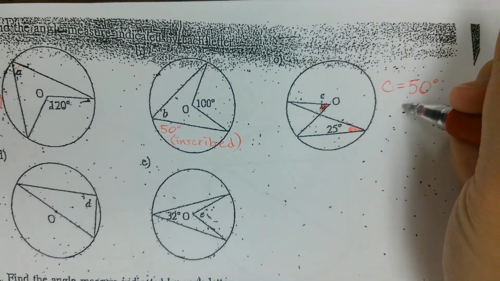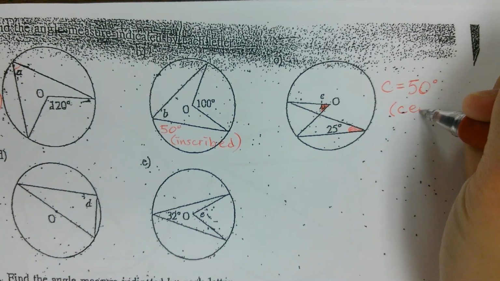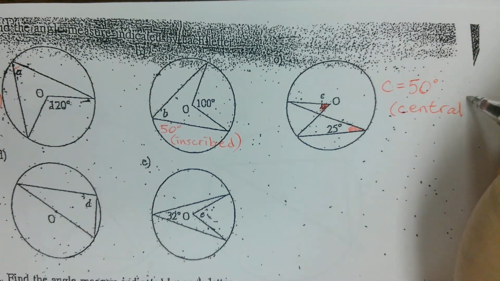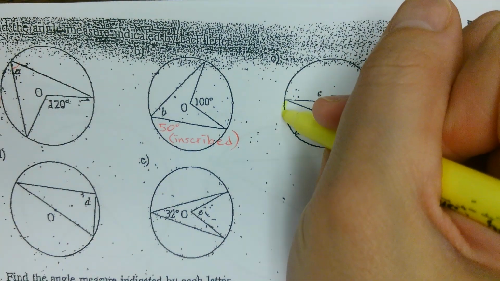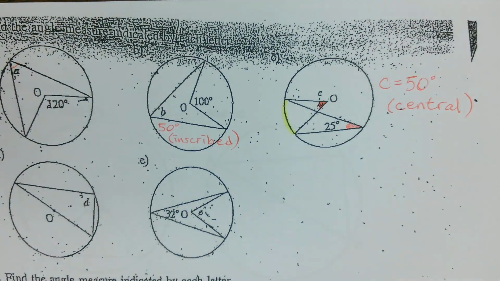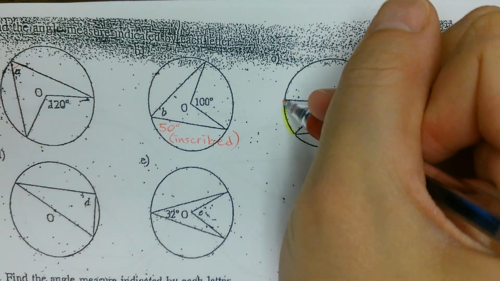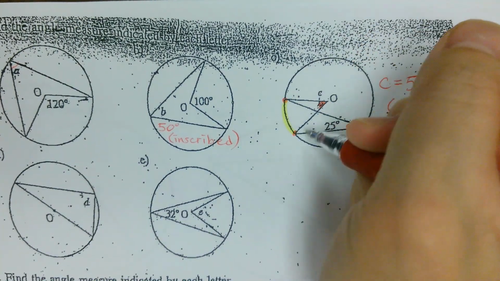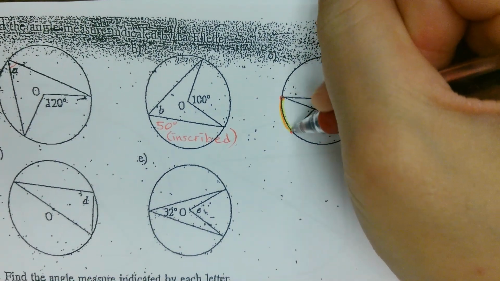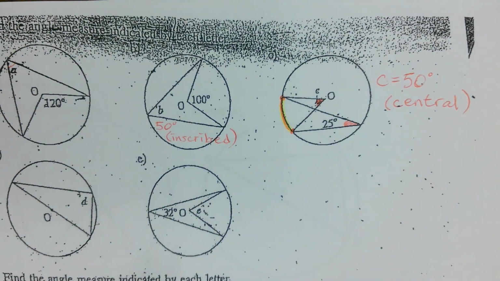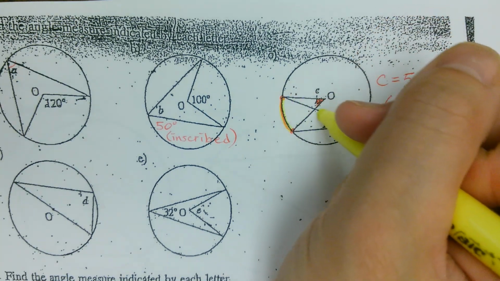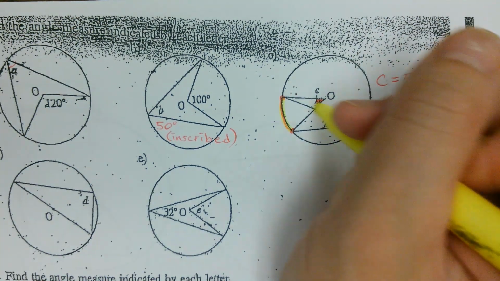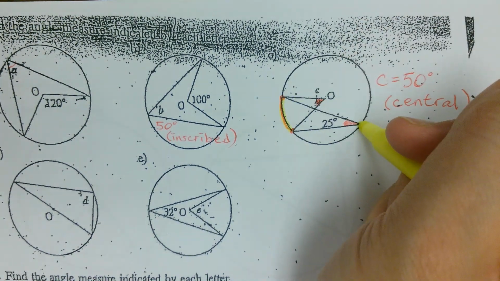Yeah, this is actually your central angle. It's your central angle. Because this is my arc right here. So drawing a line from the arc across to the circumference, this is my inscribed angle.